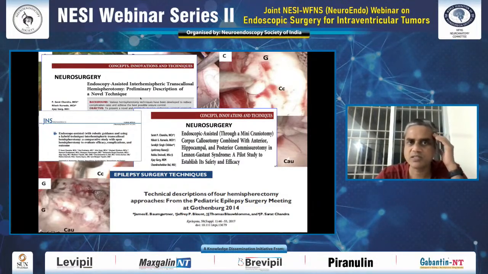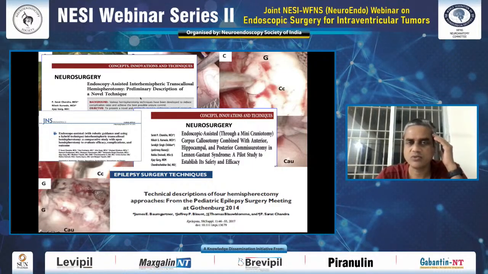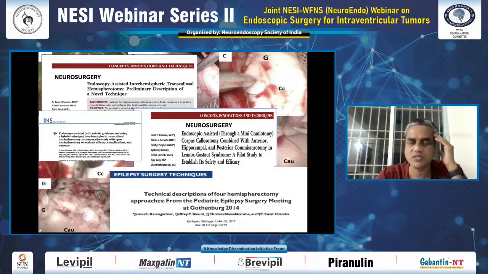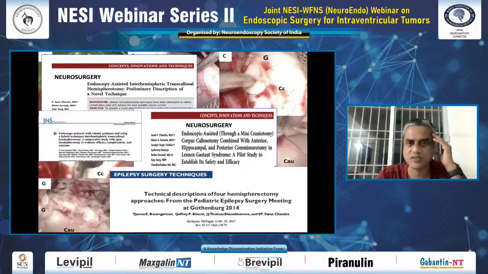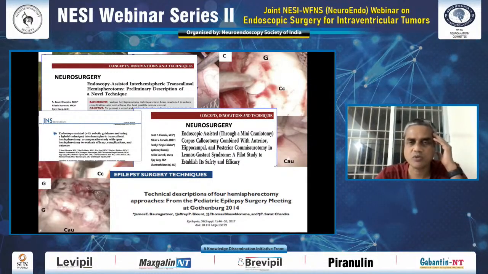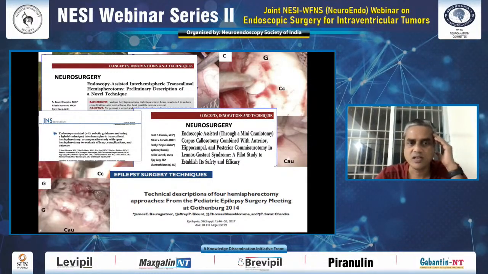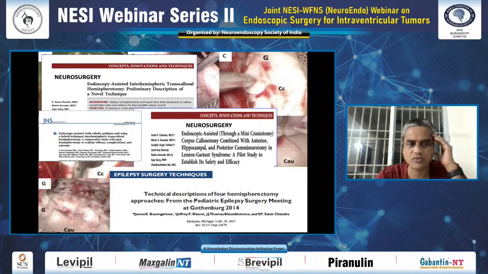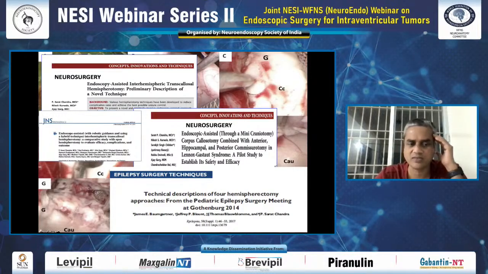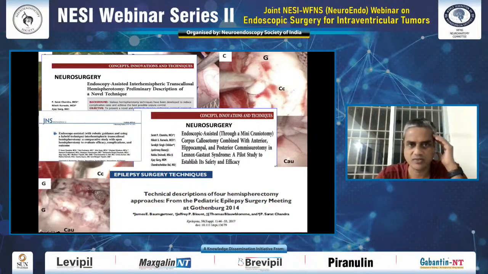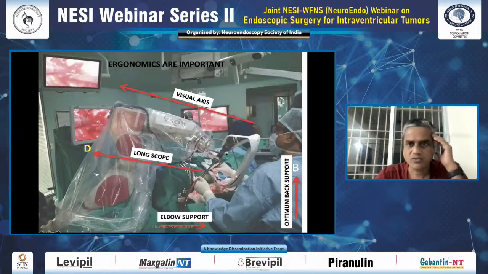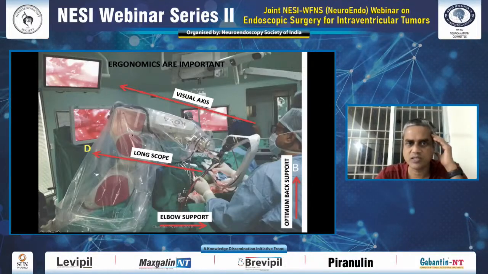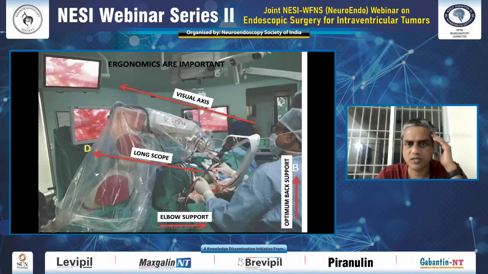We published several papers on this. Now this is a standard procedure in our institute, where we do a complete hemispheric disconnection through a small craniotomy of just 3 to 4 centimeters. The same technique has been taken up in several institutes across the world that practice high volume epilepsy surgeries. This is how I use the endoscope along with the robotic arm, the ROSA.